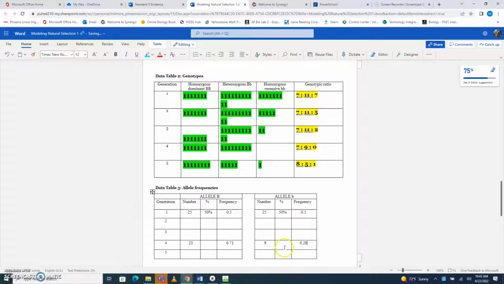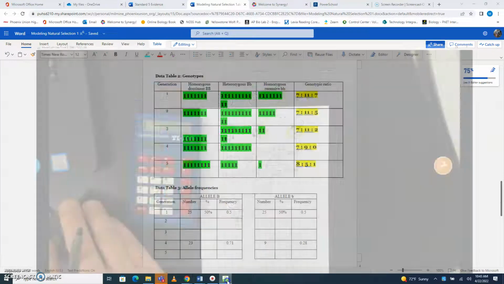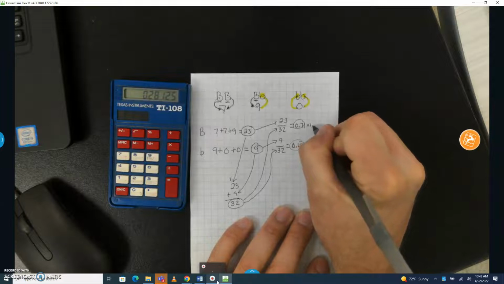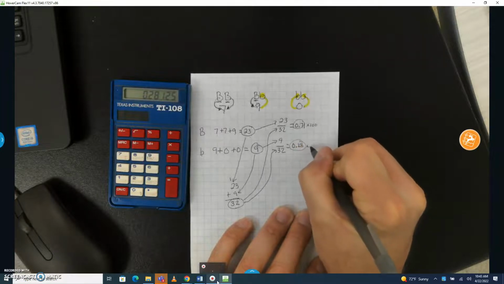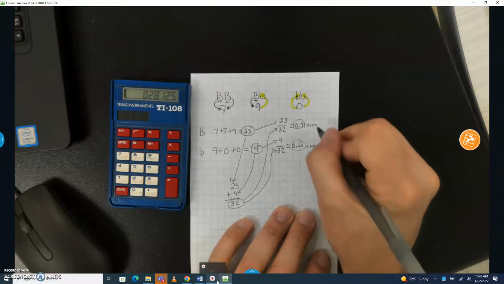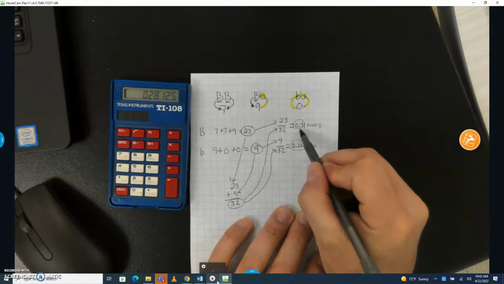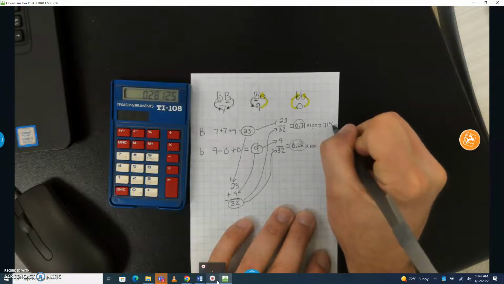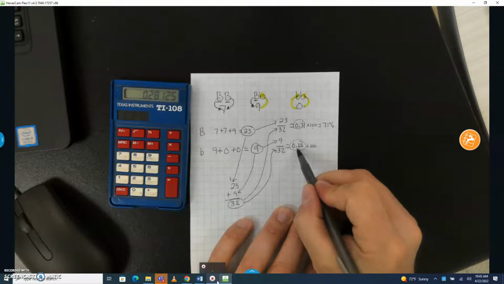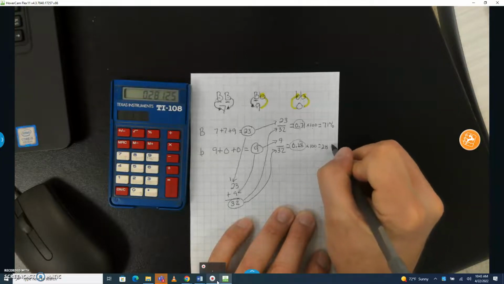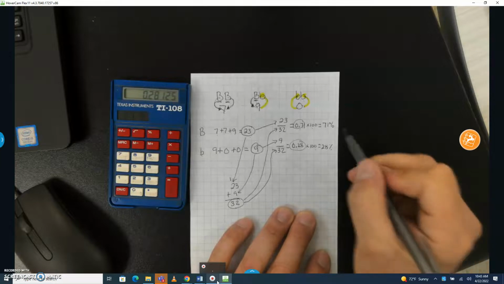Now all I need is my percentage for both. To get my percentage, I take this number, multiply it by 100, take this number, multiply it by 100. Could use your calculator if you needed it, but 0.71 times 100 I know to be 71%. 0.28 times 100 I know to equal 28, and that is a percent.